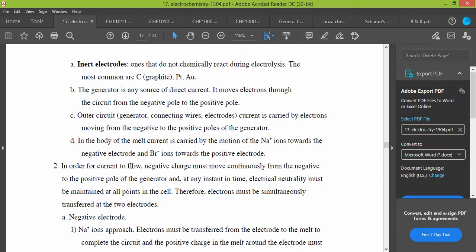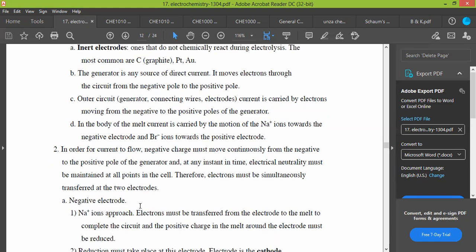This is why in a galvanic cell, you have the salt bridge to bring about cell neutrality. Electrical neutrality is when in a cell you have no net charge. Inside the cell there is no net charge. That is cell neutrality. Therefore, electrons must be simultaneously transferred at the two electrodes.